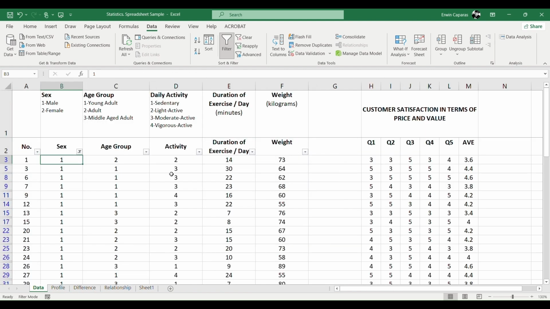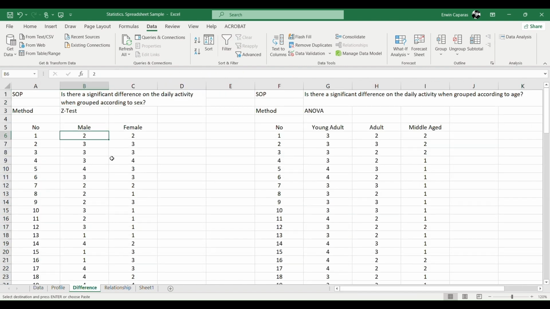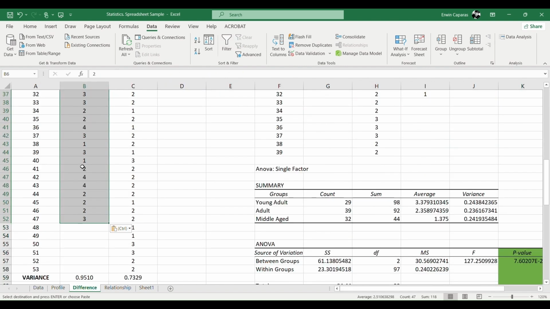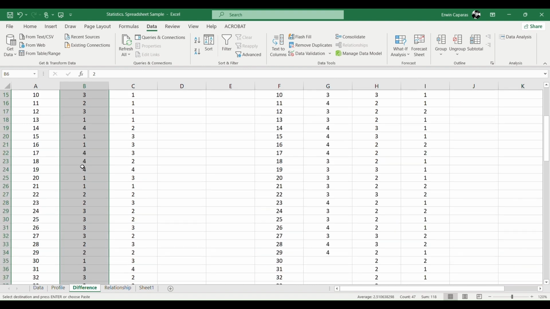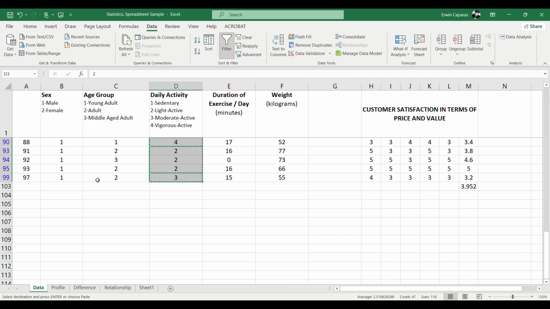So the responses on daily activity of male respondents, we copy and then we paste. That is how we present it.